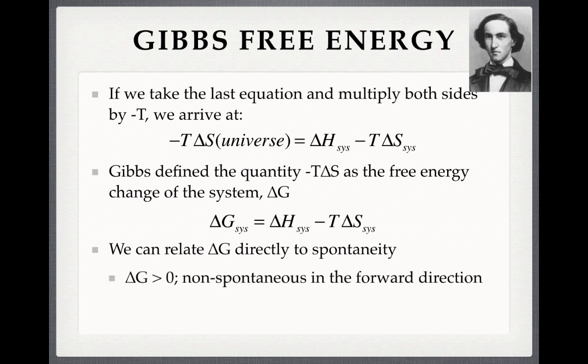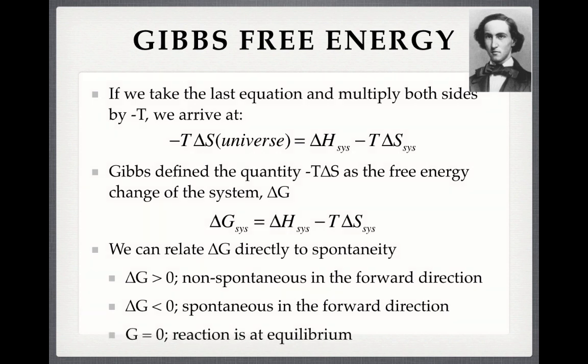As far as the delta G that we calculate, if we get a delta G that's greater than 0, we would say that reaction is non-spontaneous in the forward direction. It would be spontaneous in the reverse direction. If delta G is less than 0, or negative, then it would be spontaneous in the forward direction or non-spontaneous in the reverse direction. And if delta G is equal to 0, then we find that our reaction is at equilibrium.